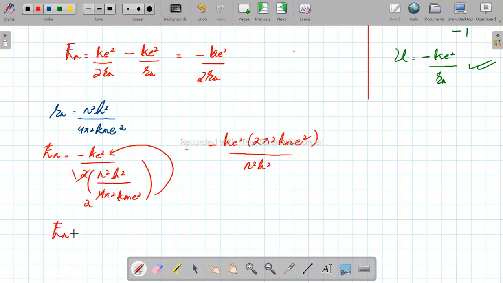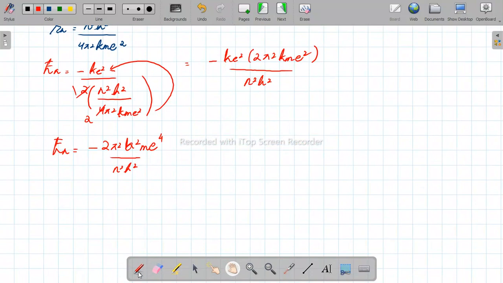We can rewrite this equation as minus 2 pi square k square m e raised to the power 4 over n square h square. It is obvious from this expression that 2, pi, k, mass of electron, charge on electron, and Planck's constant are all constant except this n square.